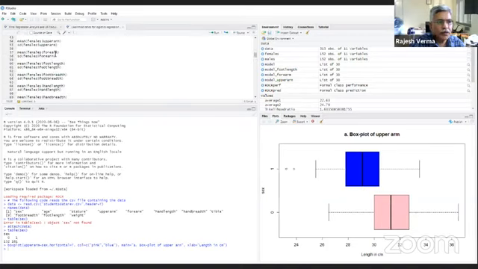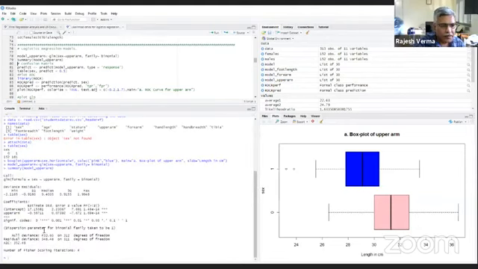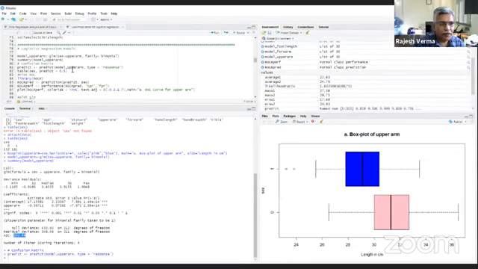Then I come to logistic regression. This is the model of upper arm, where the sex is predicted from the length of the upper arm. We write the command glm with family binomial, and this is the model and this is the summary of the model. You see that this is highly significant, and the AIC is 352. In a similar way, we predict and prepare a table of this prediction.